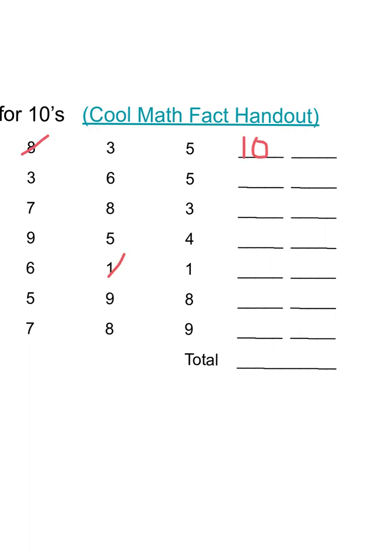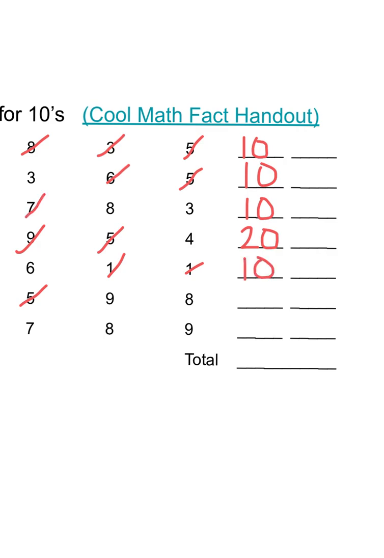They could say 1 plus 9 equals 10. They could do a 6, 3, and 1 and get a 10. Or a 5 plus 5 plus 5 plus 5 and get a 20. A 6 and a 4 is another 10.